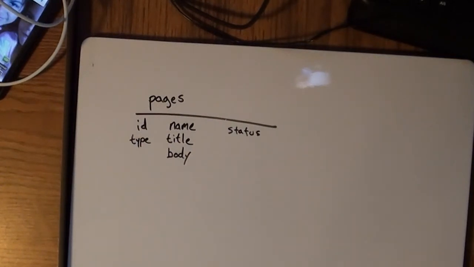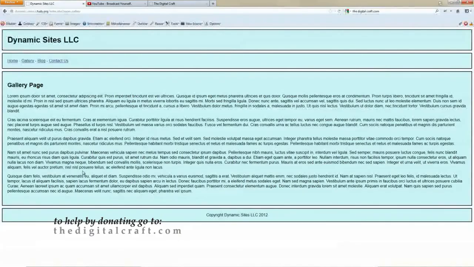And the same with type. Now type is a little different. Type is usually going to be a numeric, or what we call an integer, which you're going to notice once we get into the actual database end of things and building the database, is that type might refer to what type of page this is. And let's say right now we can already see we have home, gallery, blog, contact us. To me, right here, I can see 3 different page types.